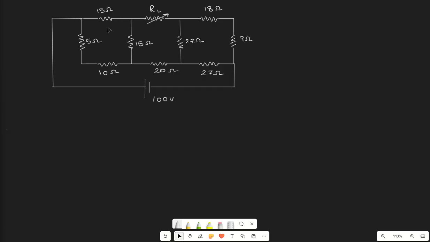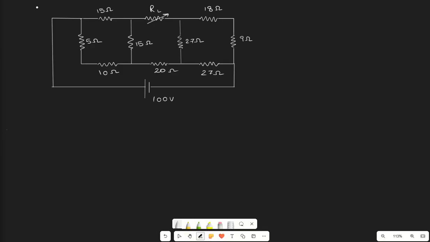In this circuit we have to determine the value of load resistance for maximum power transfer, and then determine the maximum power. That means we have to determine the value of RL, and as per the maximum power transfer theorem, RL equals RTH. So we have to determine RTH and VTH, right?